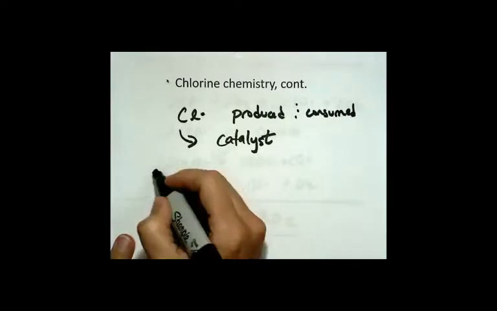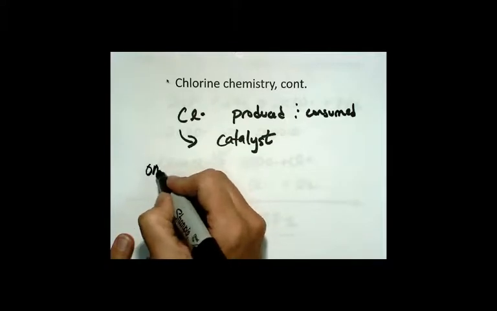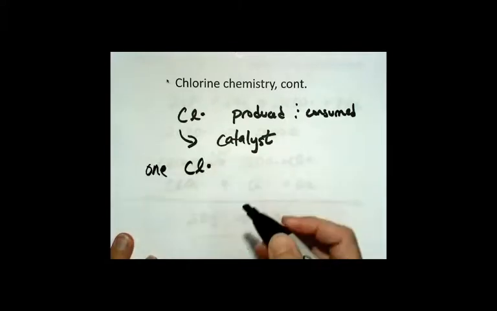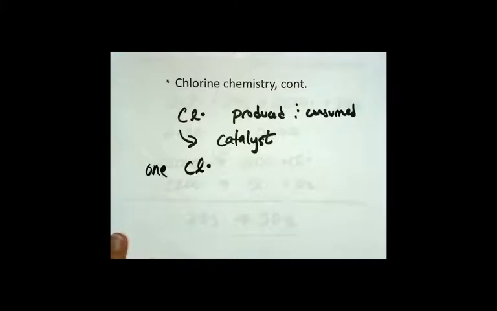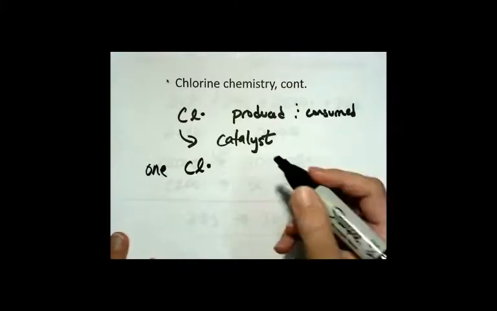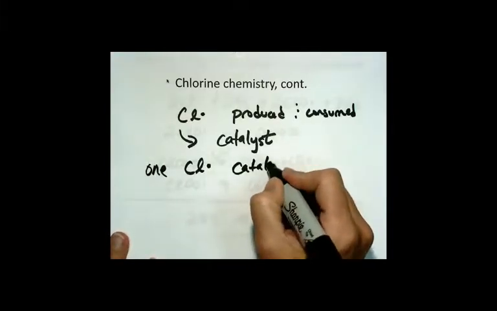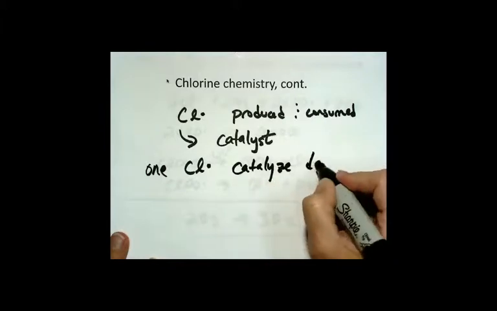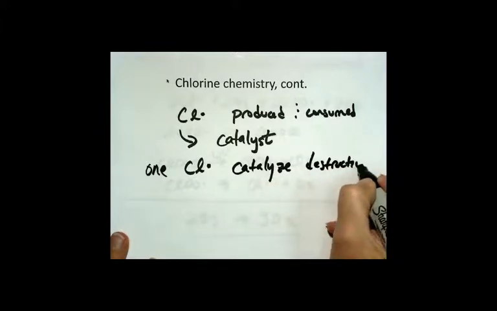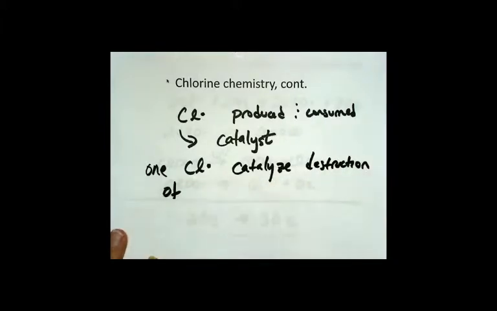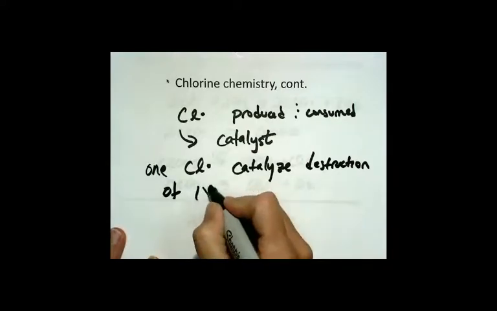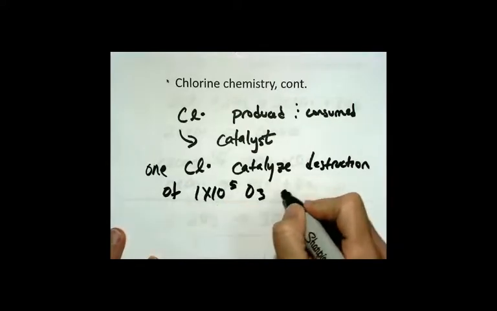So a single chlorine atom, which is a free radical because it has 7 electrons, can catalyze the destruction of 1 times 10 to the 5th ozone molecules.